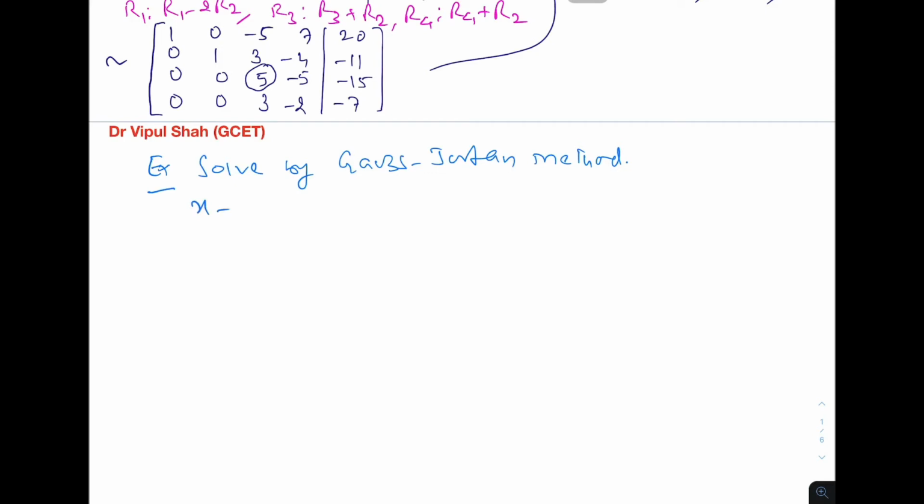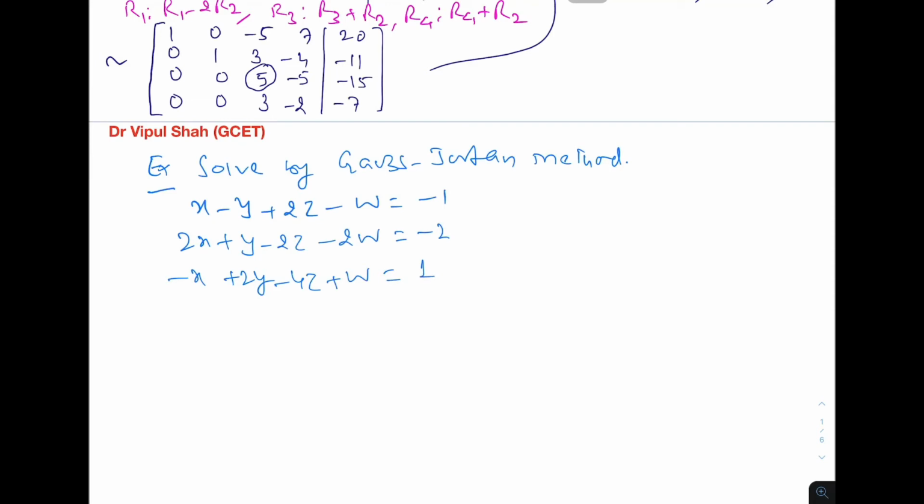The equations are x minus y plus 2z minus w is -1, 2x plus y minus 2z minus 2w is -2, minus x plus 2y minus 4z plus w equal to 1, 3x minus 3w equal to -3.